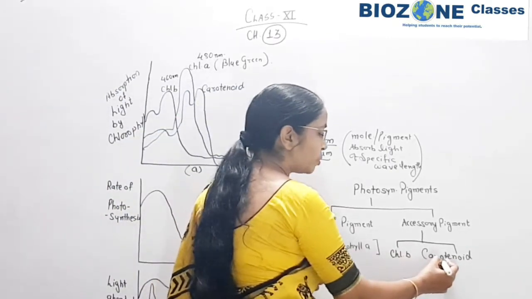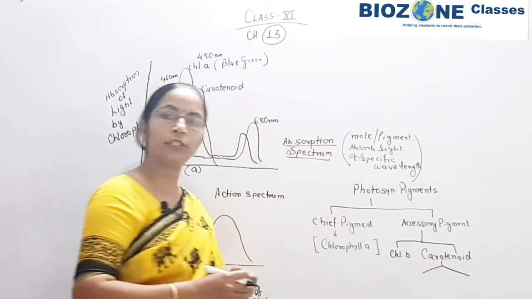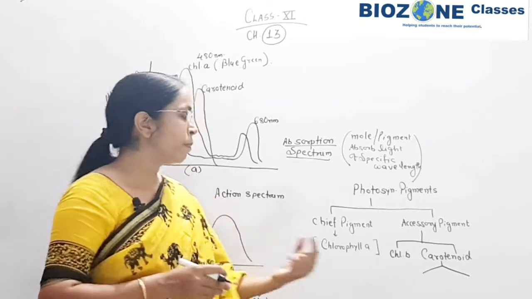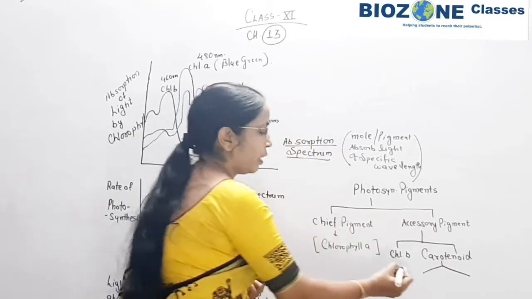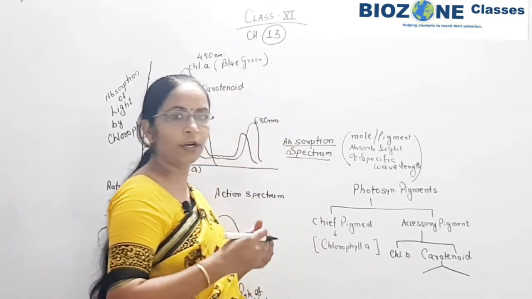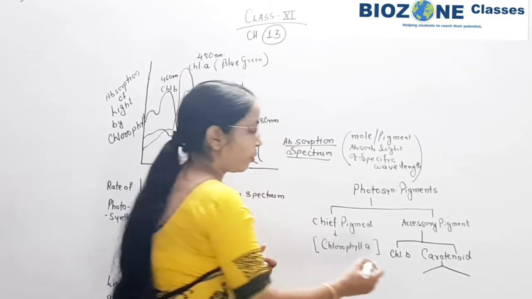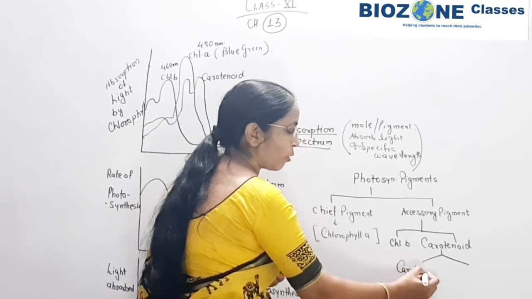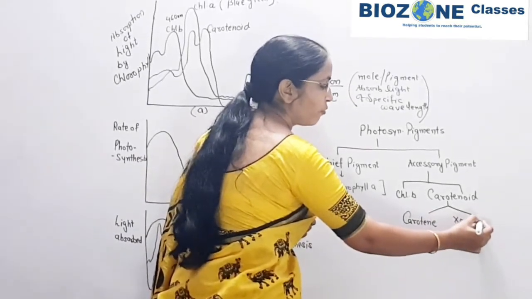Carotenoids are a pigment, and chlorophyll is also a pigment. This carotenoid further falls into two categories: carotenoid means the orange-red pigment is carotene and the yellow colored pigment is xanthophyll.